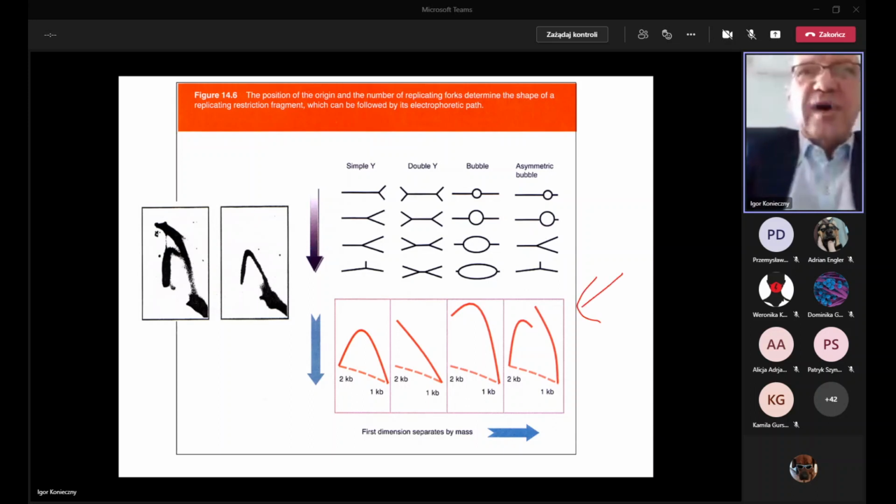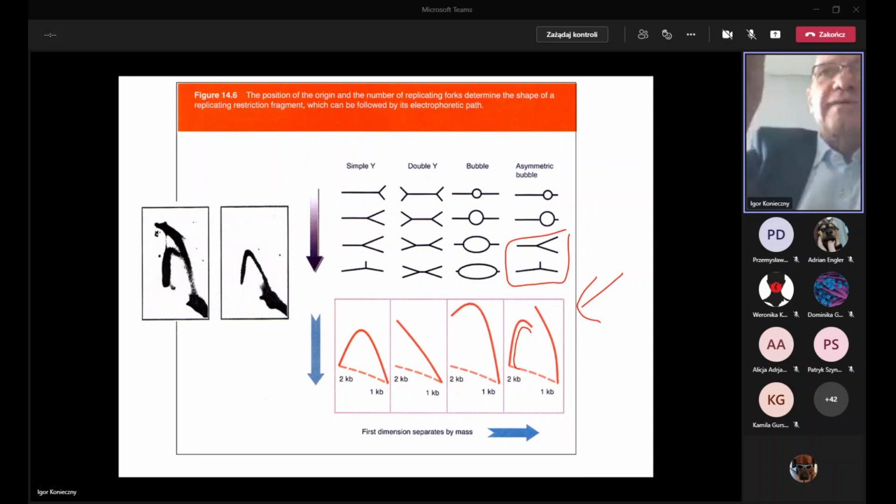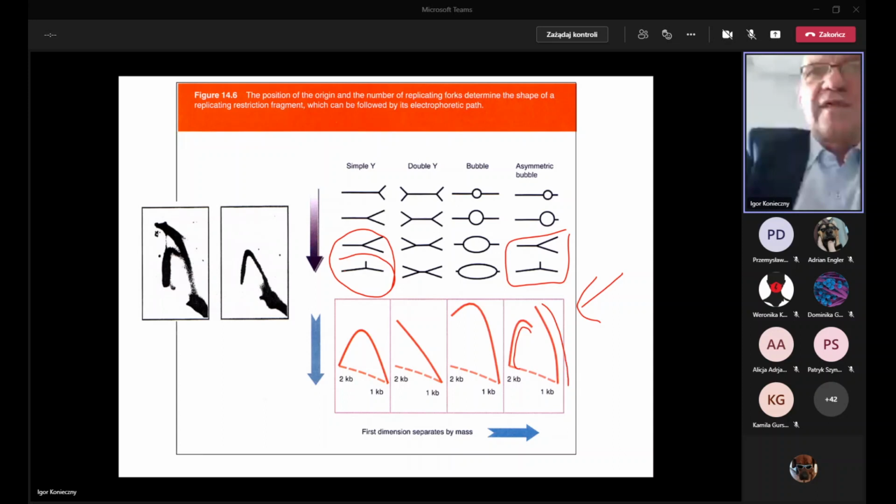So this part is Y's, exactly as here, and this part comes from bubbles up to there. So it's like growing bubble, growing bubble.